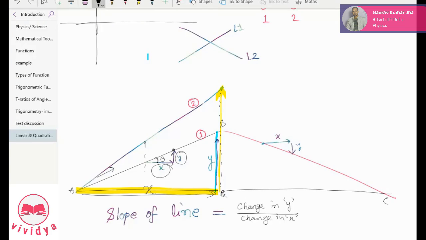As you can see in this graph, that will also be equal to tan theta, right? Y by x is how much? Suppose this angle is theta, you will get tan theta, right? For different lines, this y by x is equal to the slope of the line. Yes, opposite by adjacent, or perpendicular by base, that is tan theta.